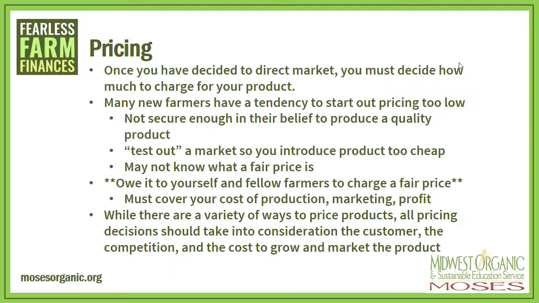Maybe you're testing out a market, so you introduce your product too cheaply just to see if people are interested. And the third one is actually a real one that I bump into a lot: you might not even know what a fair price is in consideration of what it's costing you to raise whatever produce, animal, or product that you're putting out on the market.